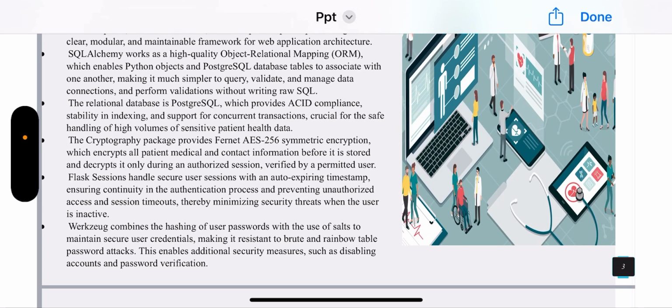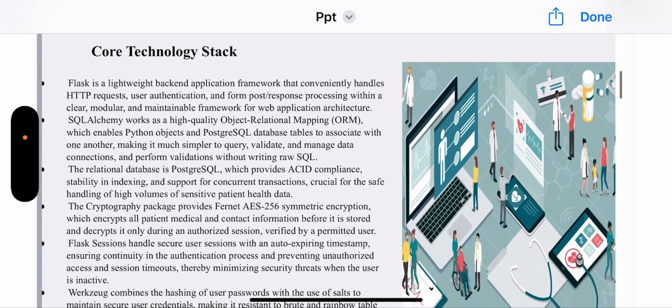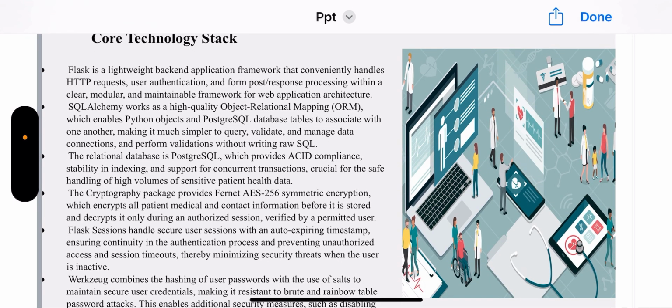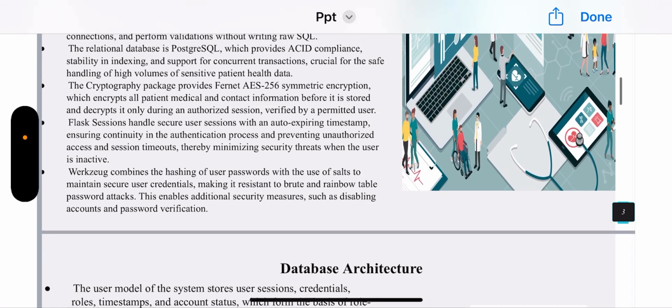This database is the core technology, and everything should be maintained in it, including object-relational mapping and data security.